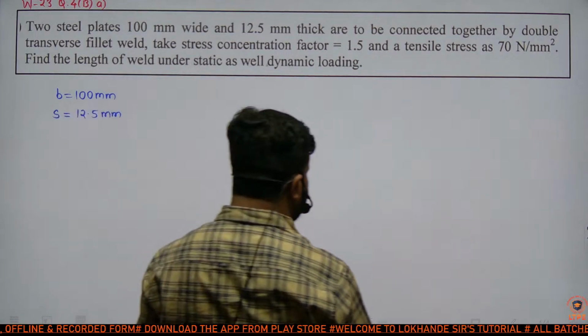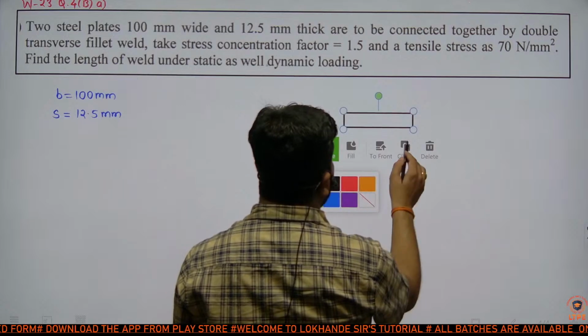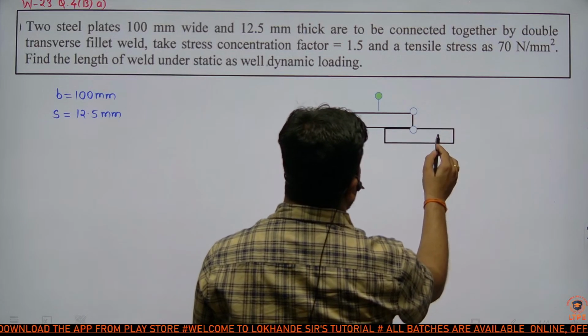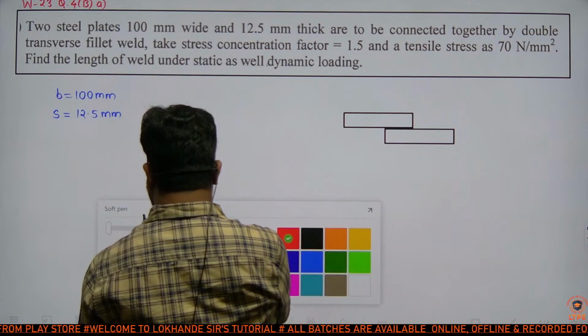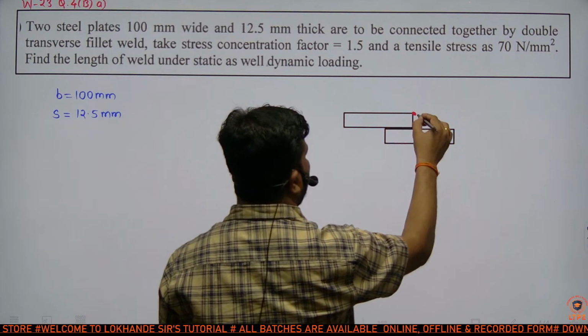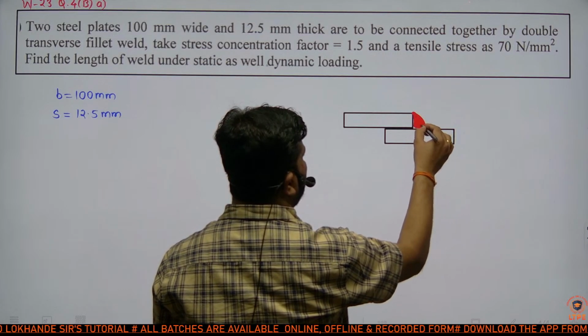Fillet weld means lap joint. One plate is placed over another plate and joining the edges. So do we join single transverse or double transverse?